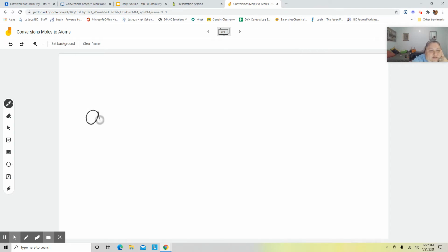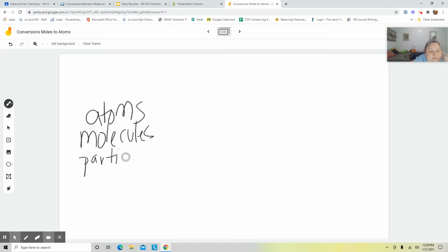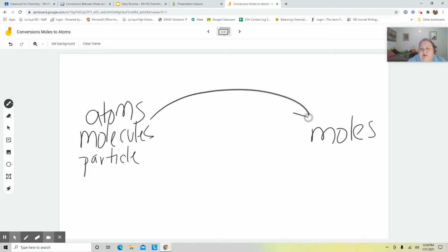So if you have atoms, molecules, that's supposed to be an E right here, or particles, and you're trying to change it to moles, we got to do the other half of our diagram and make sure that you're copying this down.